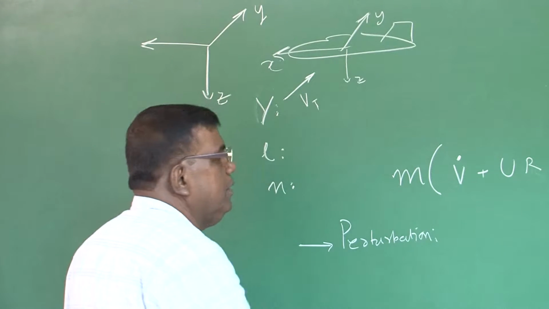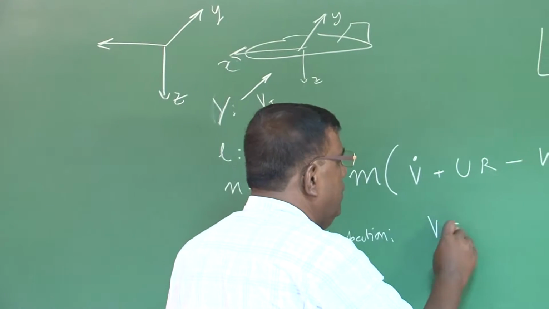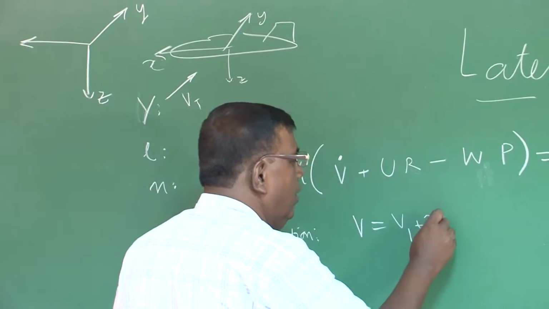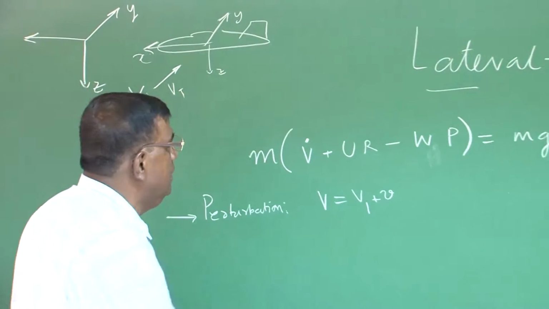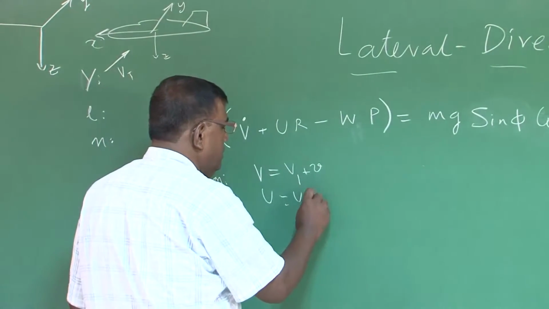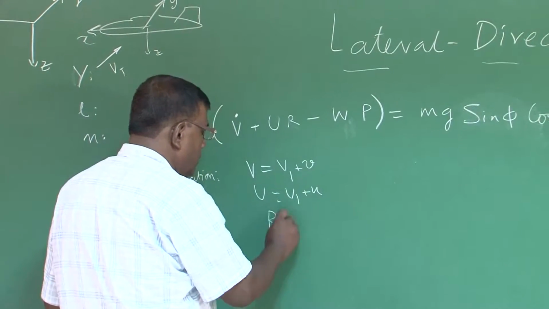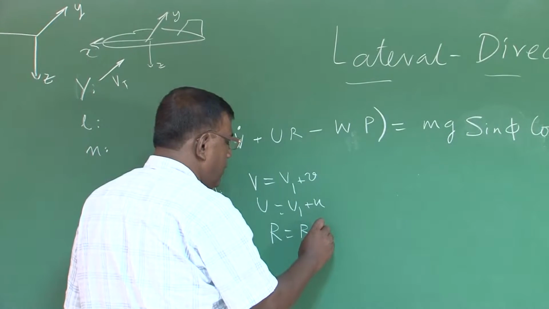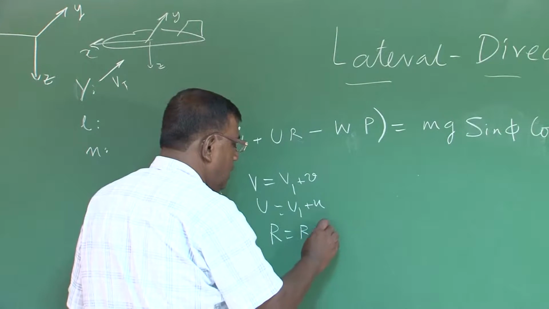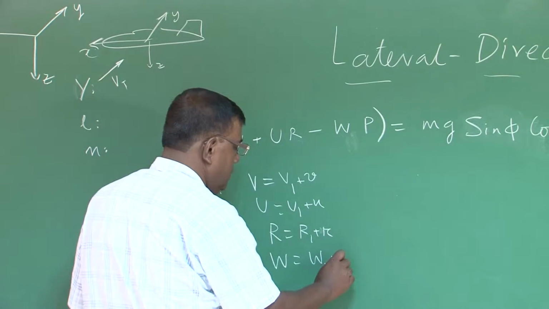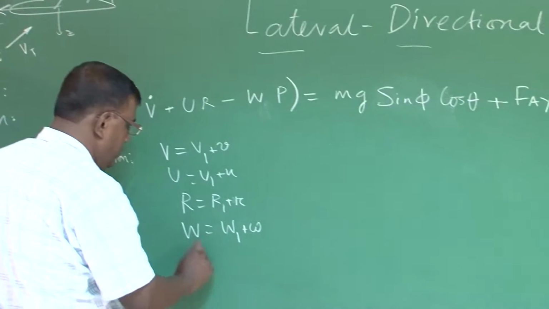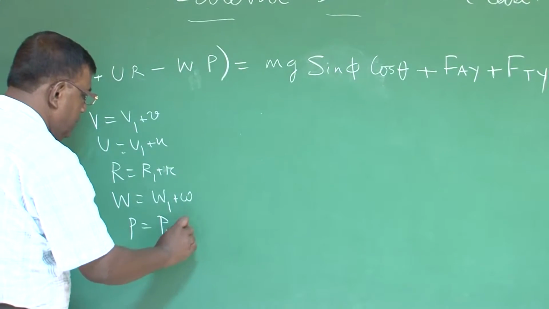So we introduce perturbation. V will be equal to V1 plus small v. All small quantities are perturbed quantities, but they are small perturbations. Then U equal to U1 plus small u, R equal to R1 plus small r, W equal to W1 plus small w, P equal to P1 plus small p.